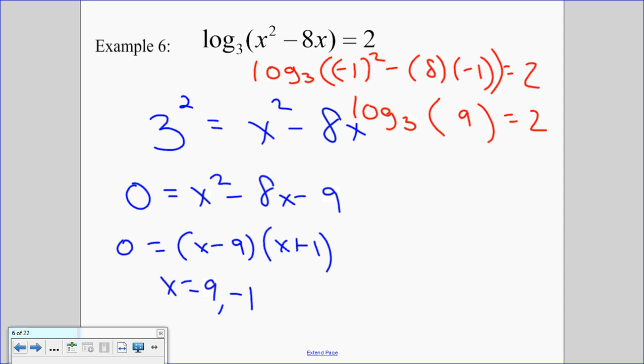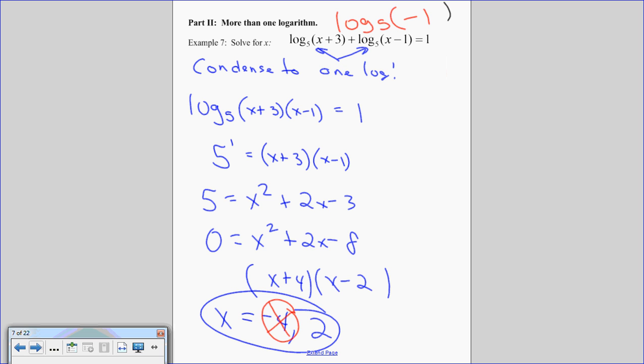And that's a valid log. 3 to the second is 9. So just because it's a negative value doesn't mean it's a gotcha. You've got to plug it in and see if it actually is a valid solution. A lot of kids will think, oh, it's negative, so it's not good. But that's just not the case.